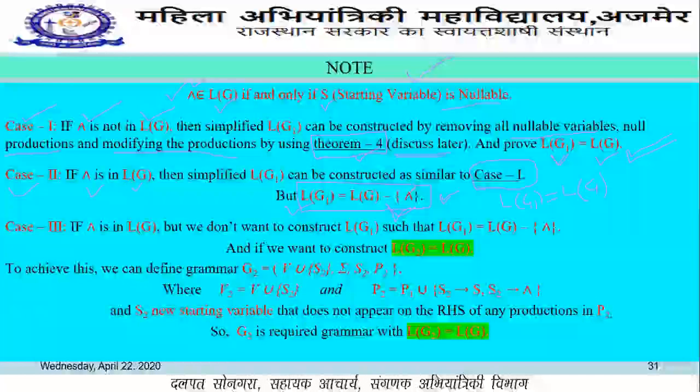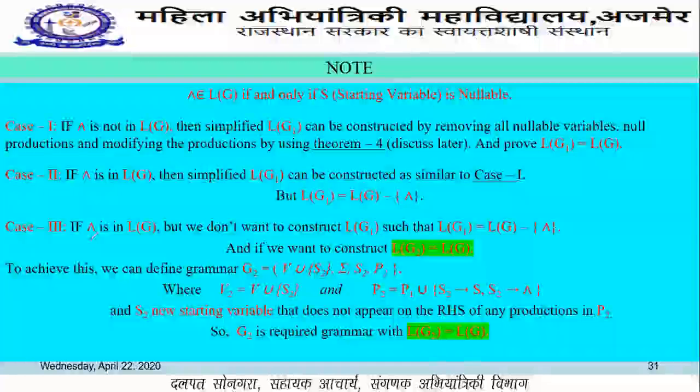So finally, there is the last case, number 3. This is also very important. If null is in the language of G, but we don't want to construct it like this, meaning we don't want to construct an equivalent grammar G1 in such a way that it does not have the null string, and we simply want to construct a simplified grammar that is equivalent to the given grammar L of G as it is, then in that case we have to change into the simplified grammar like this.